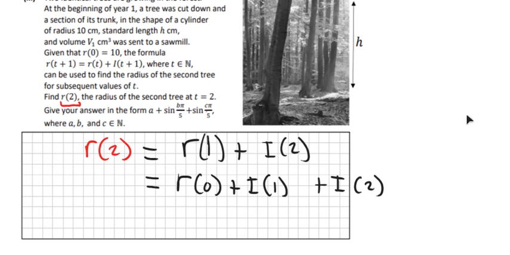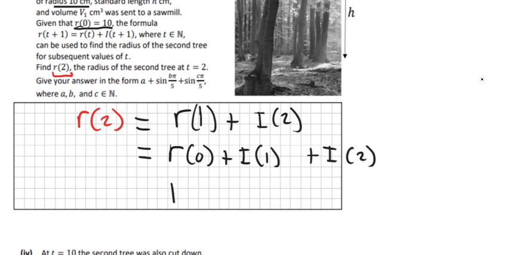So R0, they actually tell us up here that it's going to be 10. Yeah, a trunk of radius 10 centimetres. And it tells you in here as well that R0 is 10. So we know that R0 is 10. So in order to get what it is after year 1, we just need to add on what it increases by in year 1.